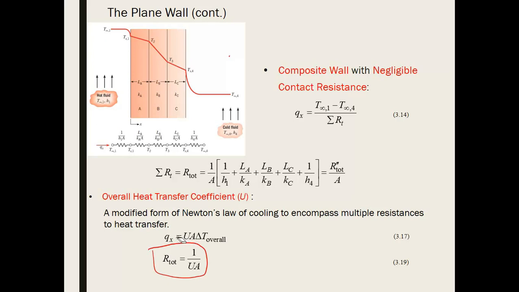And you can characterize flux or absolute energy by saying U. It looks a lot like a convection heat transfer coefficient, but actually in this case it covers the expanse of convection, conduction, conduction, conduction, and convection. So it's just a more convenient way of lumping all of those different resistances together into something that looks like Newton's law of cooling. So this is a modified form of Newton's law of cooling.